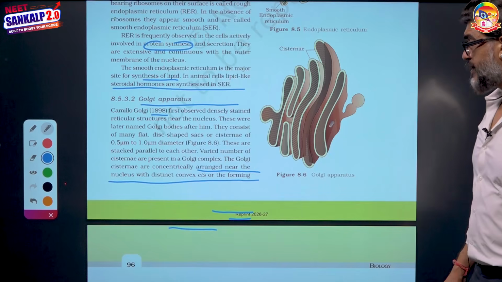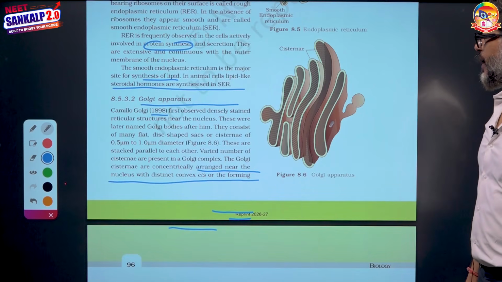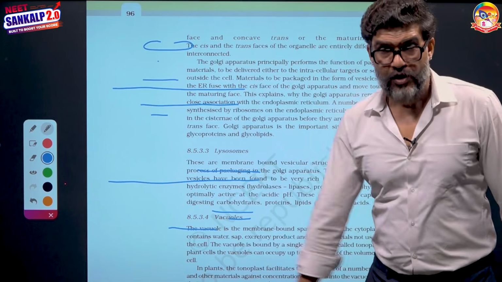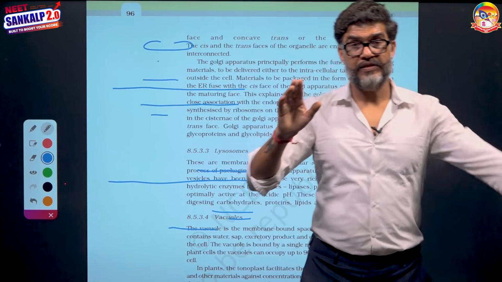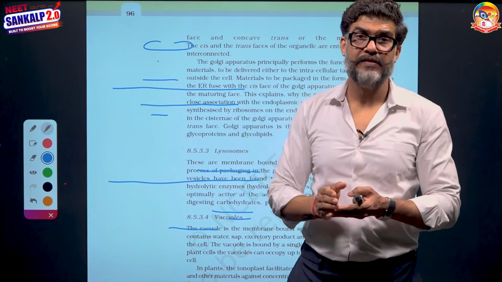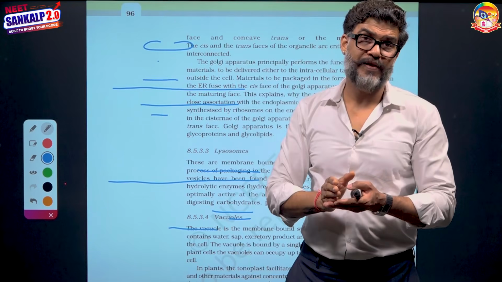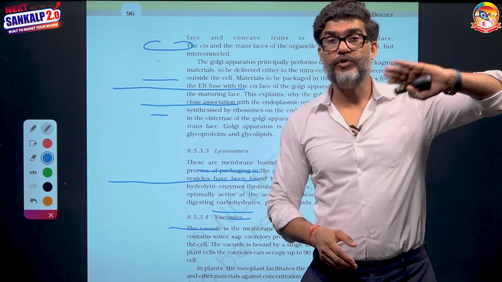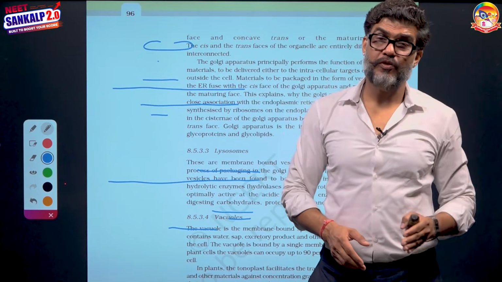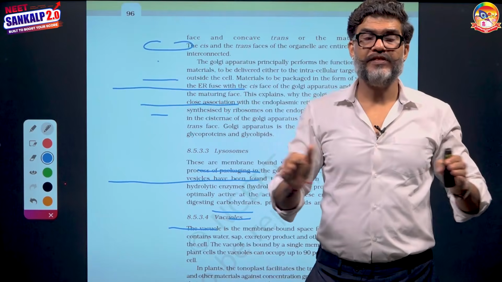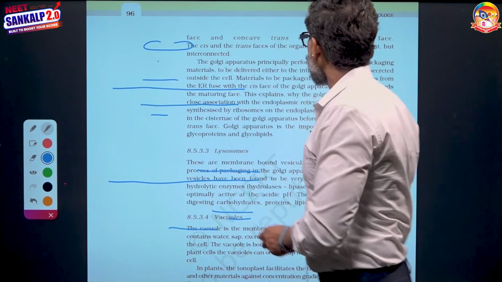with distinct convex, that is, cis, the forming phase, and concave, that is, trans, the maturing phase. So the Golgi body has two phases. The phase which is towards the nucleus is the cis phase, the convex phase, the formation phase, and the phase which is opposite to the nucleus is called the concave phase, the maturation phase, the trans phase.